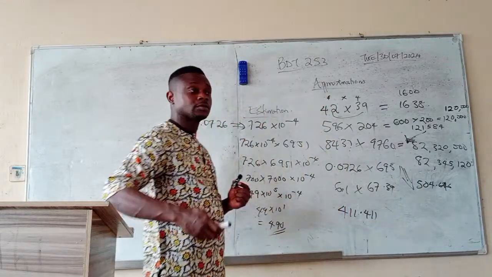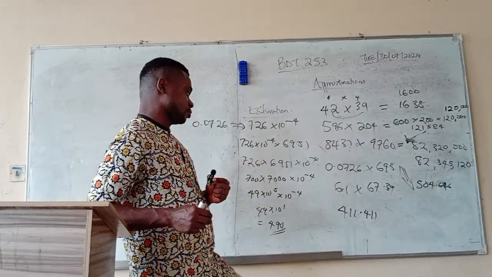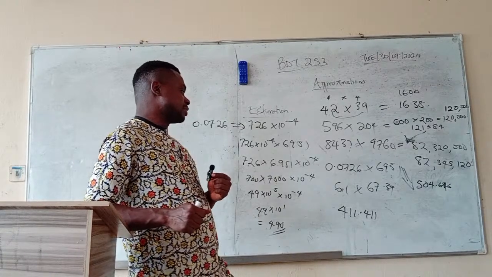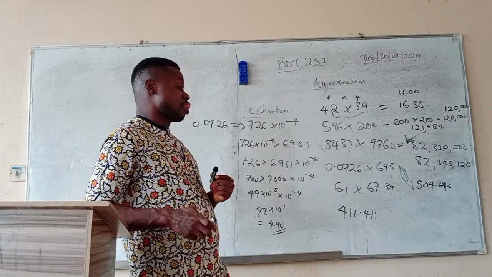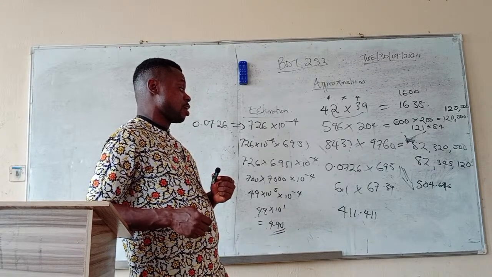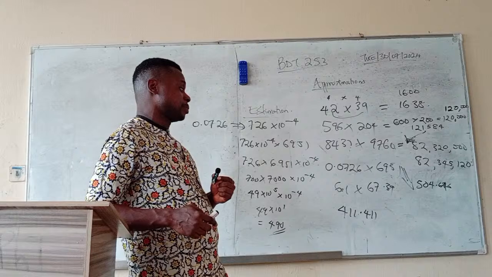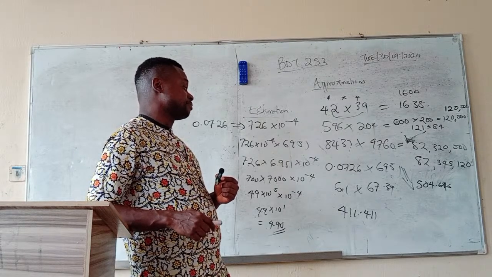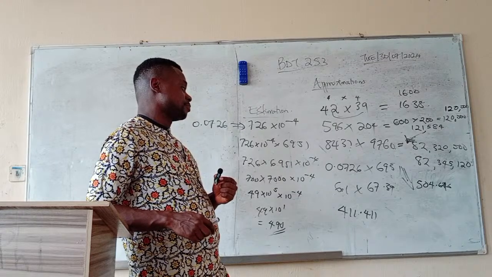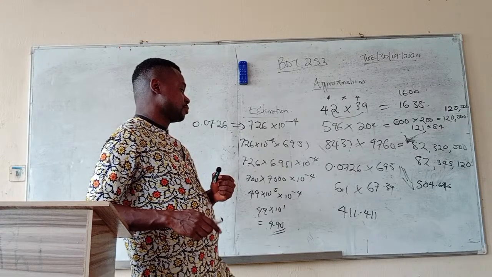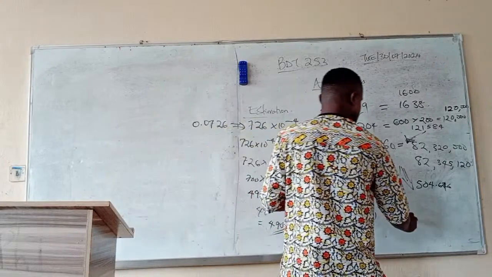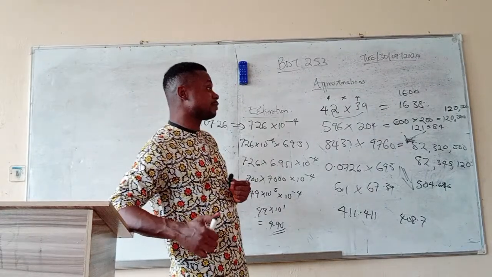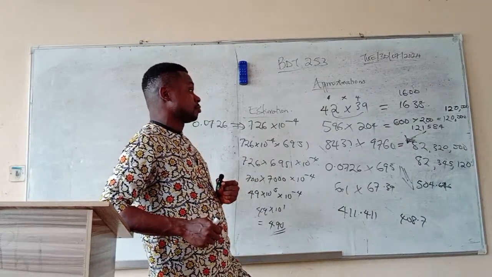Estimate income. What is the estimate? 408.7. What is the estimate? 408.7. How did you get 408.7?